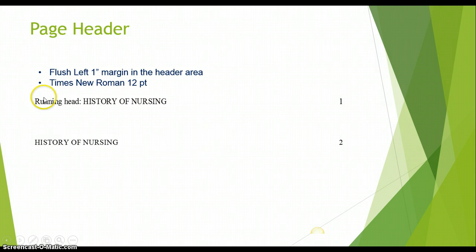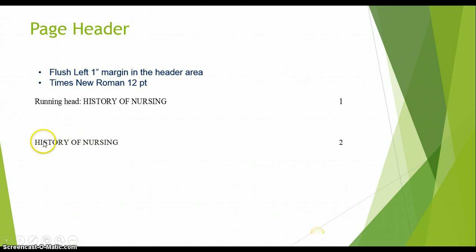Okay, if you notice here, you put on your very first page, which will be your title page, you'll have running head. Notice how head is not capitalized. The words running head, like I said, are on the title page, page 1, and then the subsequent pages should show an abbreviated title, and the page number is flushed right.